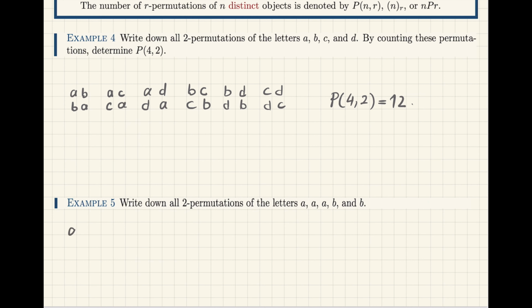So one possibility is A and A, and for arranging 2 identical A's, I have only one possible scenario, that is just A and A. I can choose 2 B's, so that's B and B. I can choose 1 A and 1 B. In that situation, I have 2 possibilities, AB and BA. So these are the only 2 permutations that I can write down for these objects.